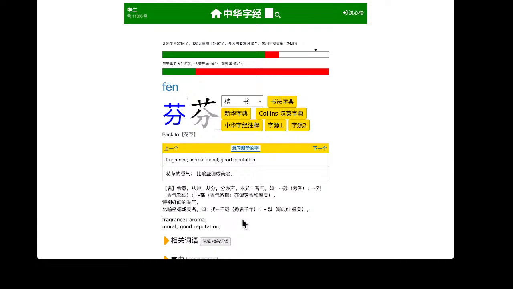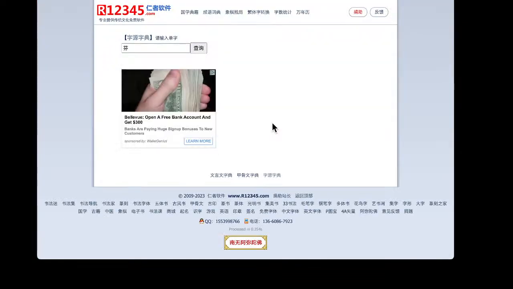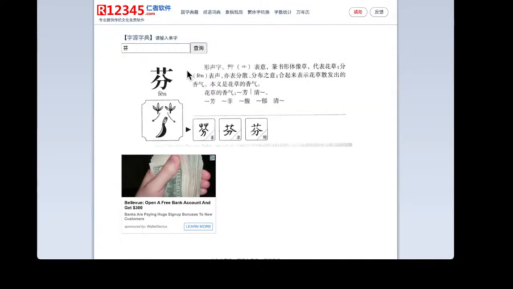That means this person has such an honorable reputation that his name is recorded in history and known for thousands of generations. Okay, so this is 芬. Next, let's take a look at that. Grass radical, of course, and then the 分 character on the bottom.